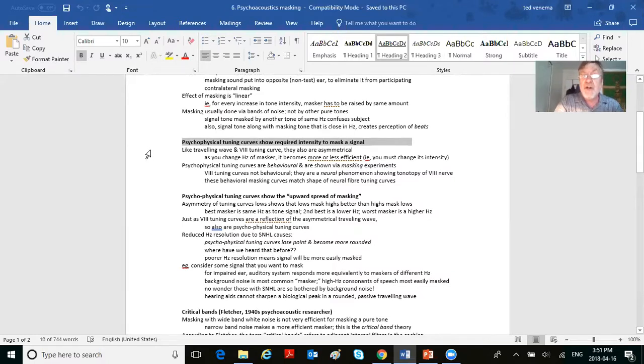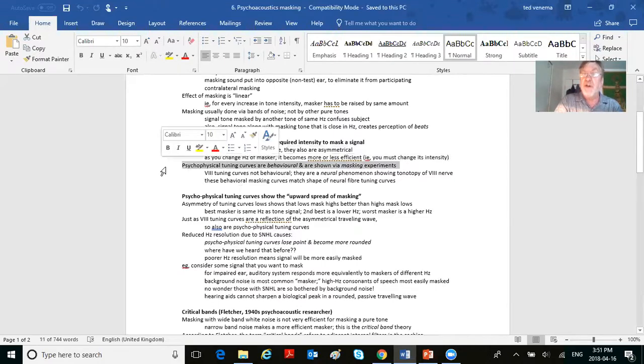And like the traveling wave and the eighth nerve tuning curves that we've covered before, these are also asymmetrical. As you change the frequency of the narrow band masker, it becomes more or less efficient. In other words, you have to change its intensity in order to mask the signal. I'll show you in a picture, okay?